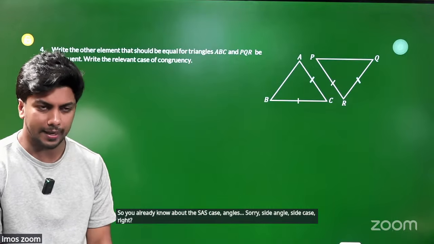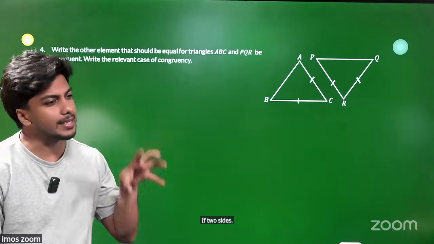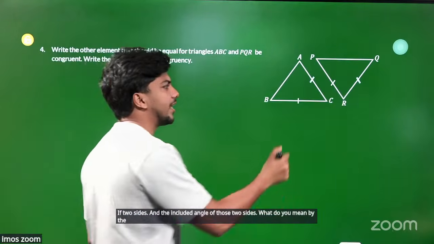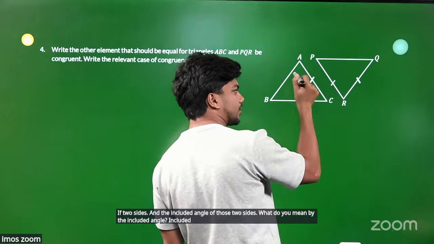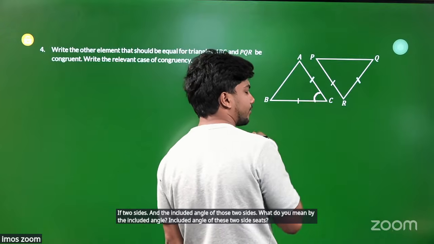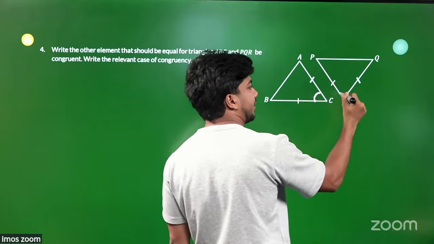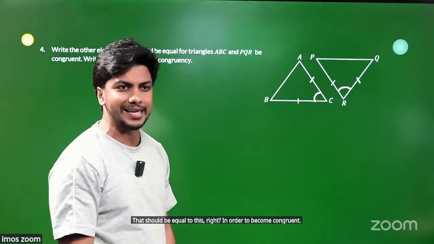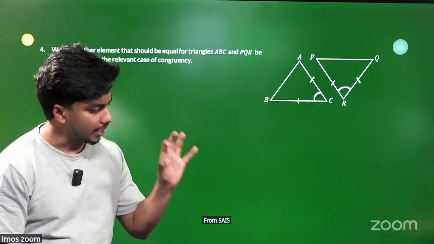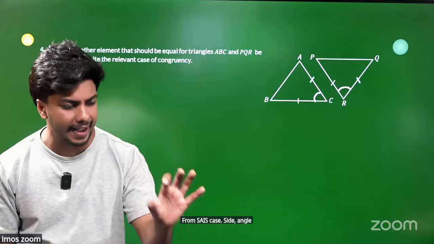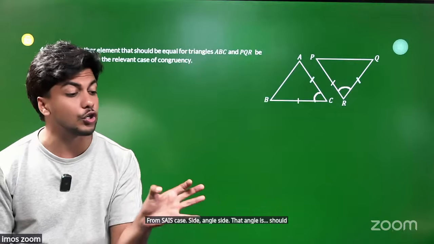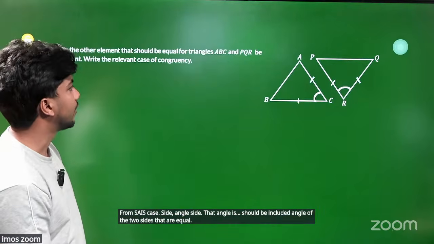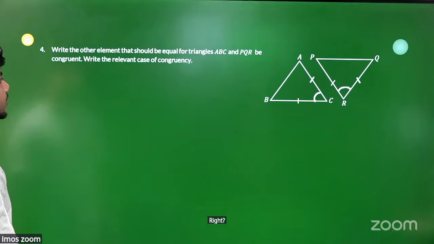What do you mean by the included angle? The included angle of these two sides should be equal to this one. In order to become congruent by the SAS case, the angle should be the included angle of the two equal sides.